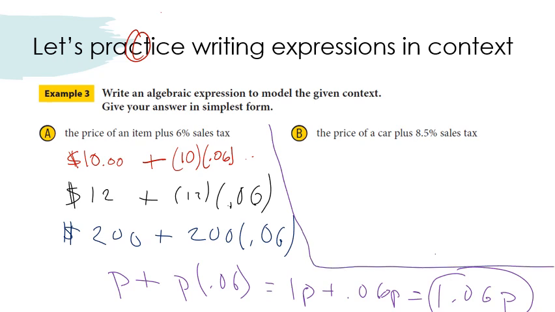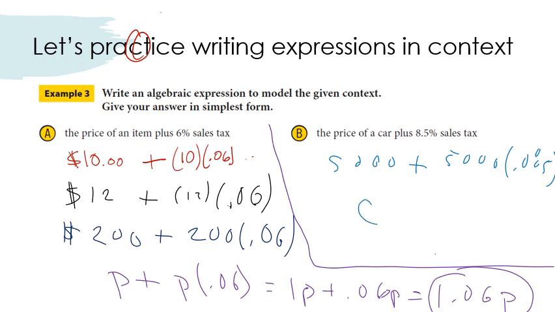Now let's look at B. We have a car. It has an 8.5% sales tax. So let's say it's a used car, and it costs $5,000. You're going to buy it. To figure out the sales tax, you're going to take your original amount of 5,000 times 0.085, and you'll get your answer.